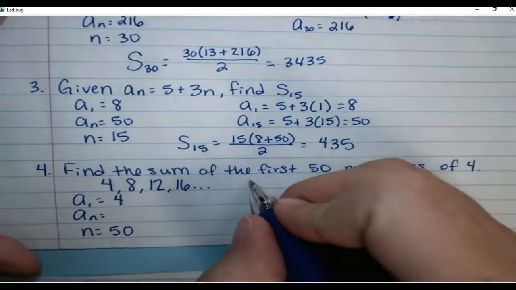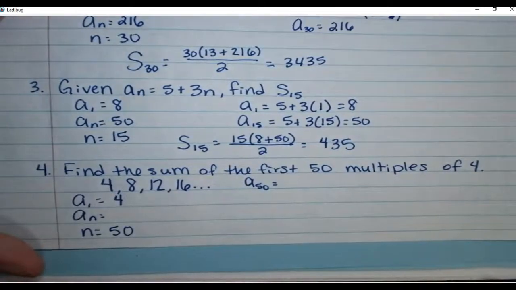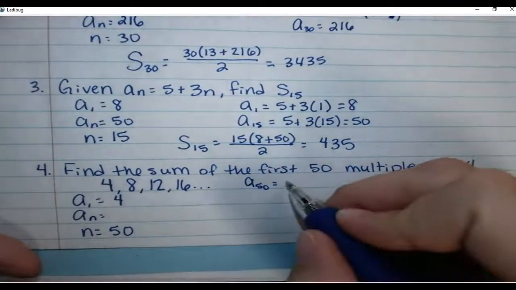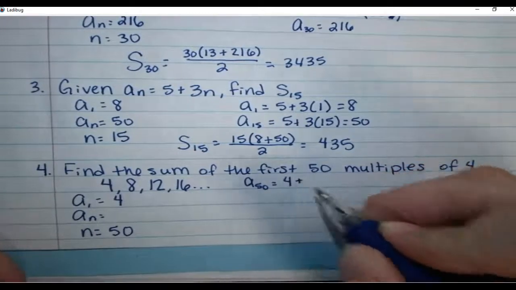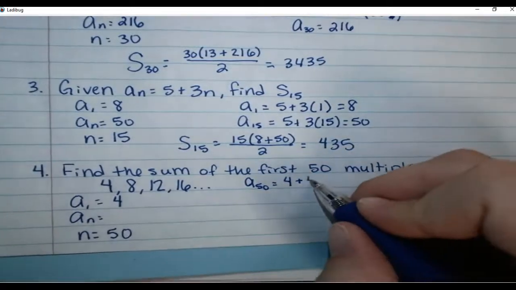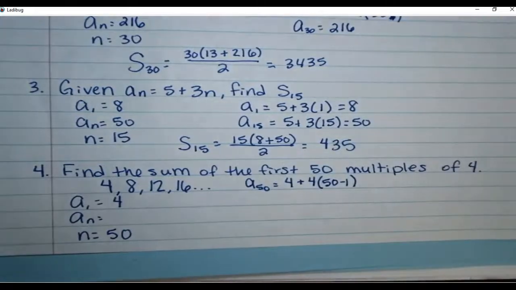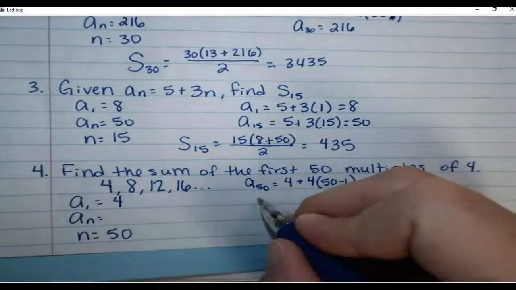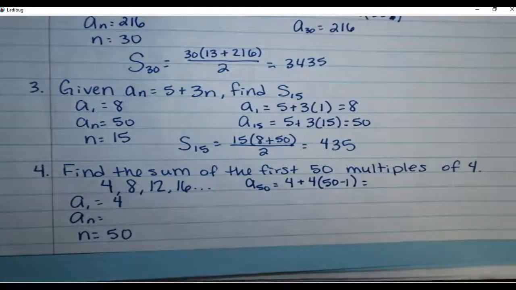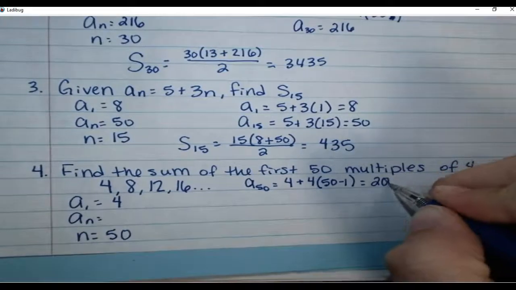So then to find that 50th term, we plug in. So we know our explicit formula, our first term is 4 plus, what are we adding each time? Our n is 50 minus 1. So our 50th term is 200.